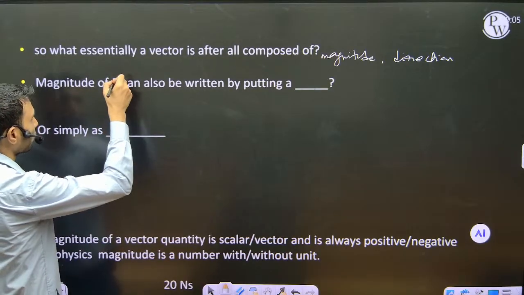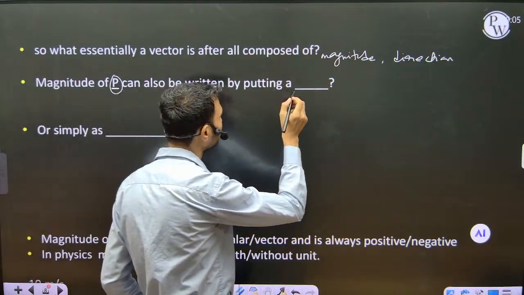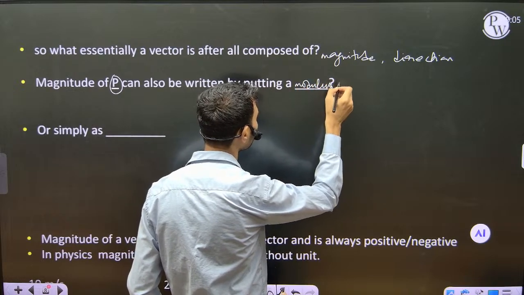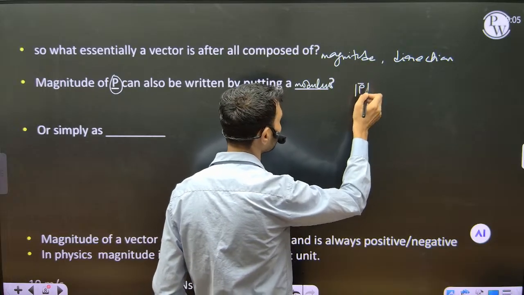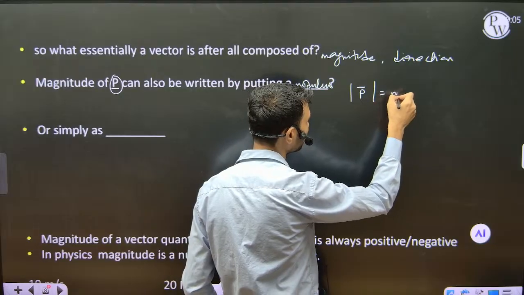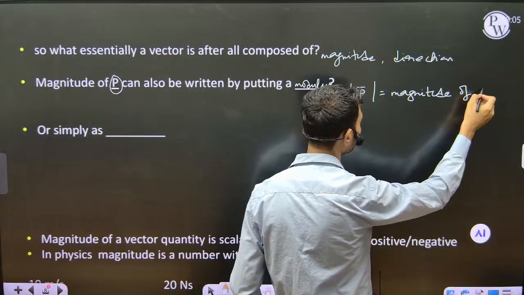Now, magnitude of p vector can also be written by putting a modulus. So if you have, let's say, p vector and I put a modulus, what do I get? This gives me the magnitude of p vector.